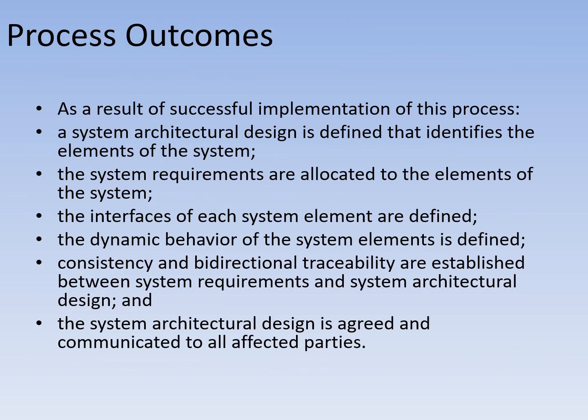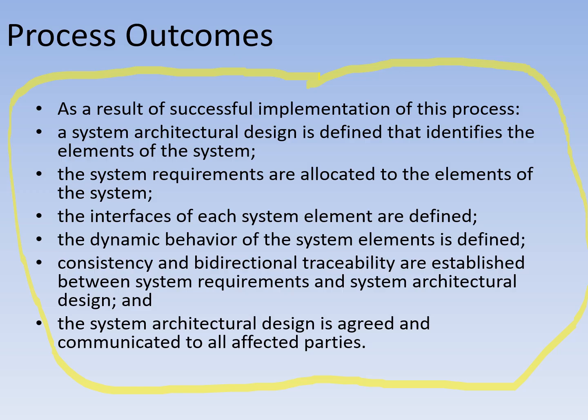Now, what are these process outcomes? Now, this may sound a bit repetitive, but these are all important. You have to ensure that once SYS.3 is completed, all these process outcomes and the concerned work products are clearly documented. First, as a result of successful implementation of this process, a system architectural design is defined that identifies the elements of the system.